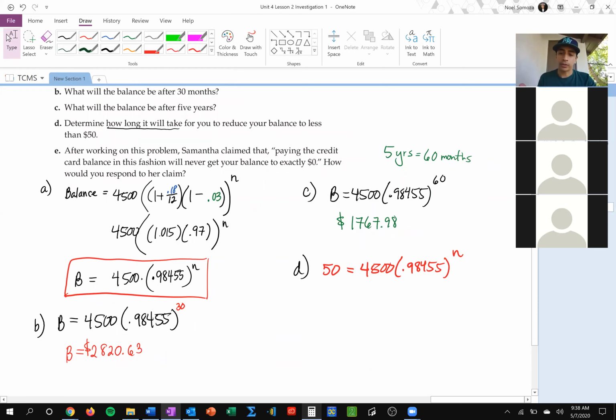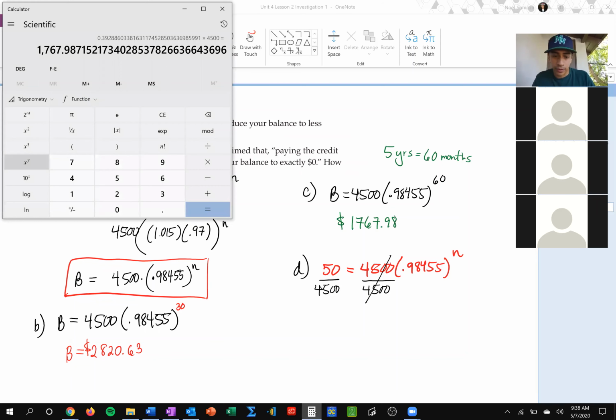Okay, so first let's try to get the 0.98455 to the n by itself. So what we want to do here is divide both sides by 4,500. These will cancel. Let's find out what 50 over 4,500 is. 0.011.